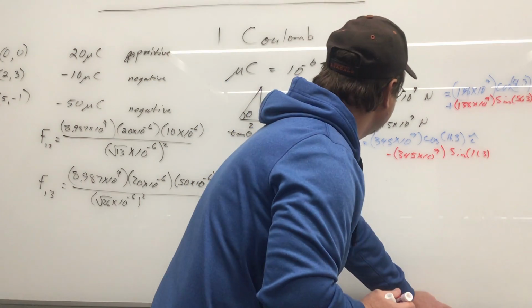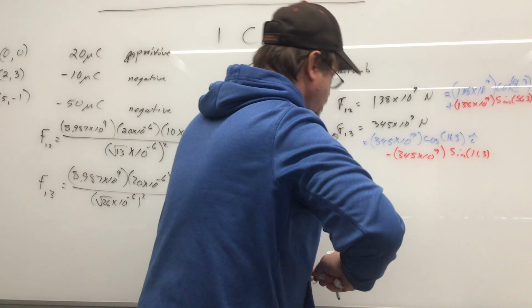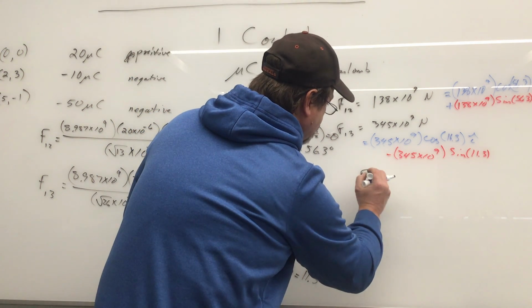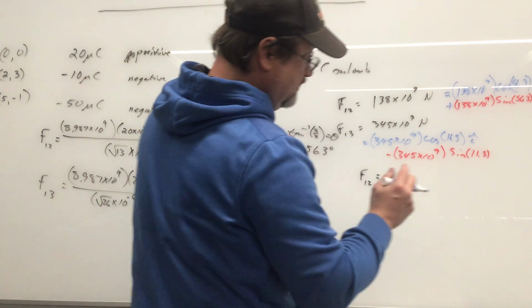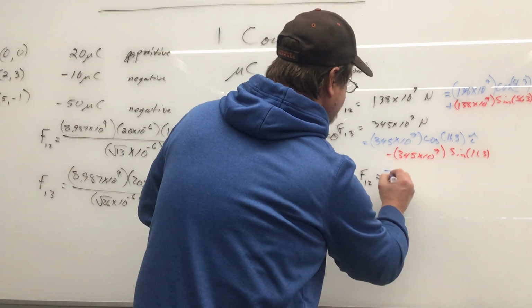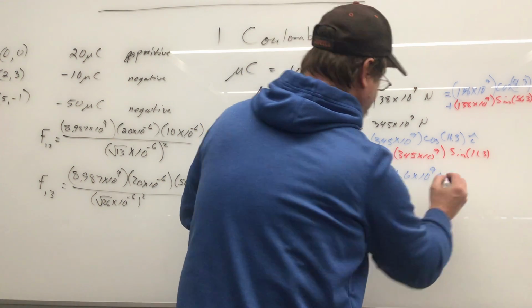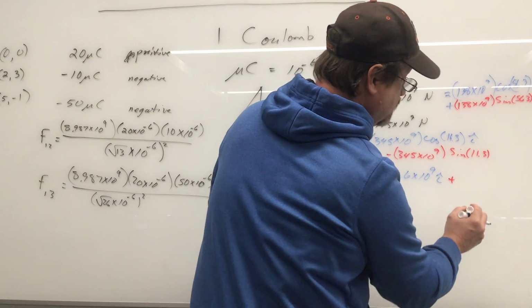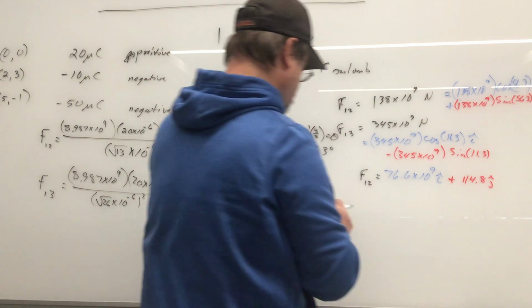And again, if I rewrite this so that it's easier to see down here, I multiply those numbers out. F12 is the following. It is 76.6 times 10 to the 9 i hat plus 114.8 j hat.